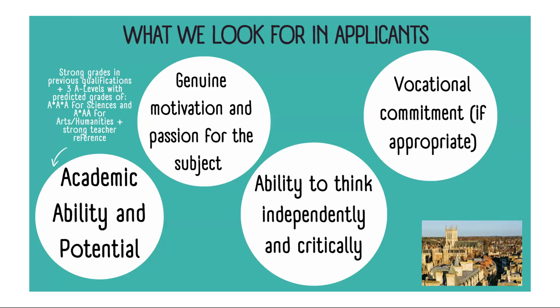Typically, three A levels if you're taking A levels, but if you're taking other qualifications, so for Scotland, typically it would be three Advanced Highers. And if you're taking another qualification, if you do ask in the chat, we can give you the expected grades for those. But typically, if you're taking A levels, it would be two A stars and an A for sciences, one A star and two A's for arts and humanities.